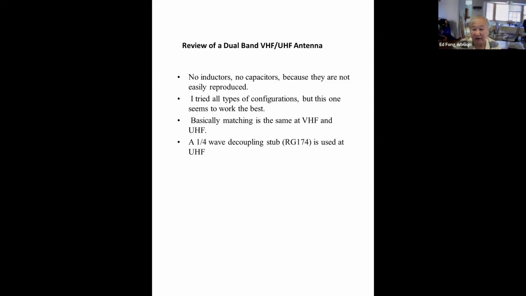You can't do that because that's too inconsistent. HF, yes, but at UHF you'll never manufacture this thing. People are going to come back and say, we tried this and it doesn't work. Same thing with capacitors. You cannot require, say, a 6 picofarad capacitor to tune it. No, it's not going to work, not at UHF.